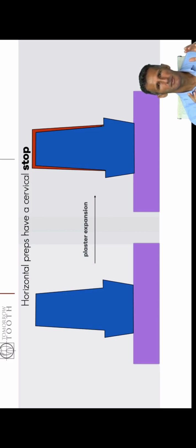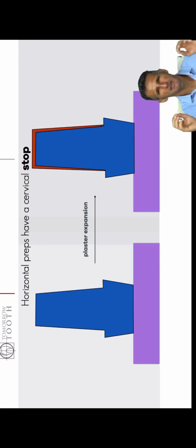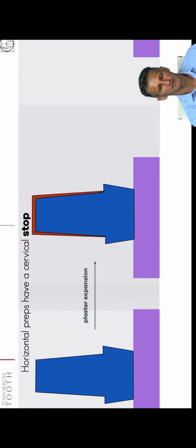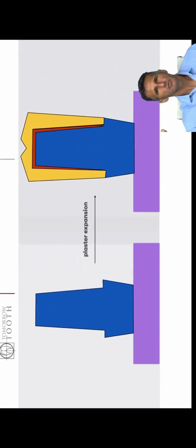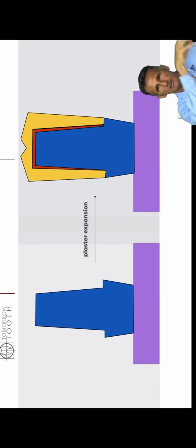This is my horizontal preparation. I put my spacer in the conventional way and I make my model. Here I simulated a bit of expansion of the abutment. So I make my crown in that way, and after that I move my crown to the natural abutment.